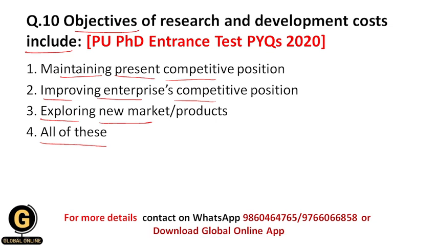So all of these are the objectives of research and development costs, and that's why here your correct answer should be what? 4. Because of research and development we can improve everything. Okay, that's why all of these are the objectives of R&D costs.